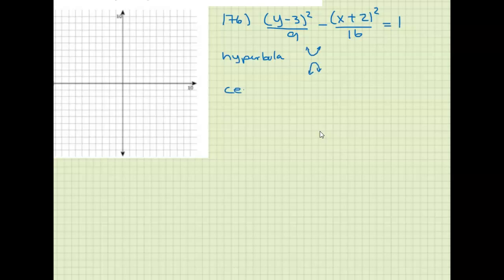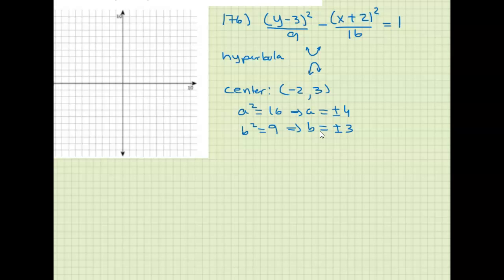Okay, so we figure out the center, which is at -2 for the x part and 3 for the y part. a squared is under the x part, 16, so a is plus or minus 4, and b squared is under the y part, so b is plus or minus 3. Okay, now we're ready to graph.